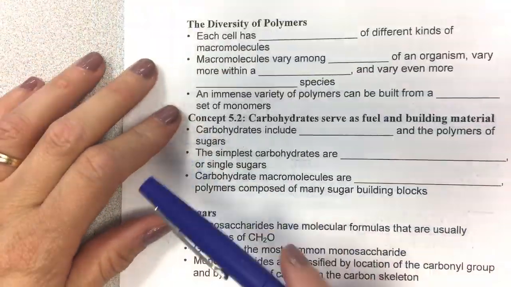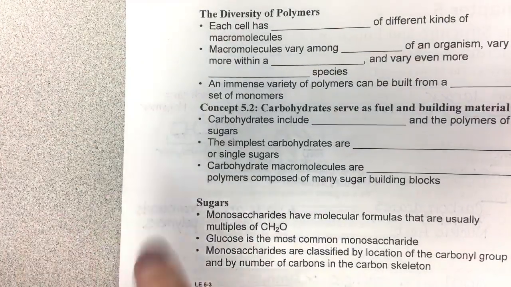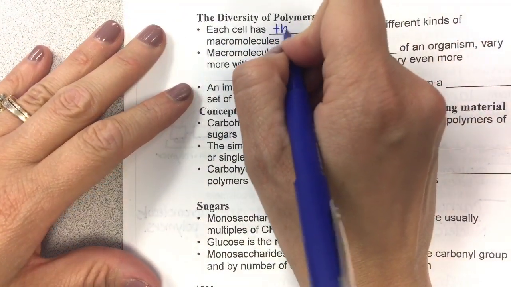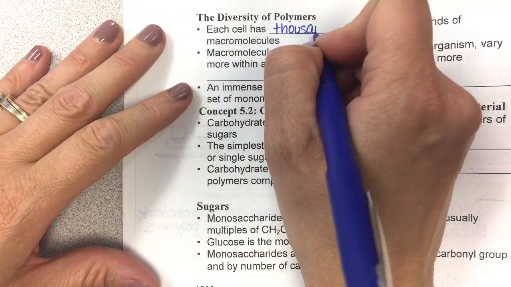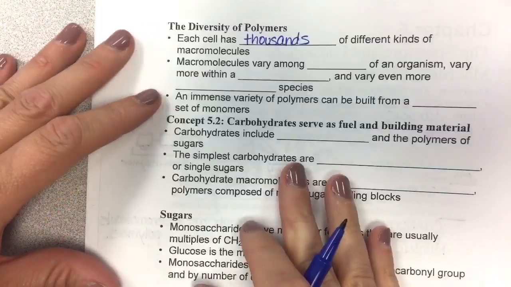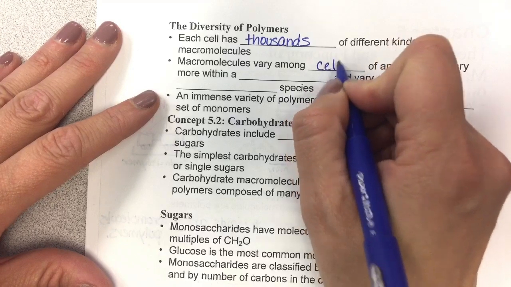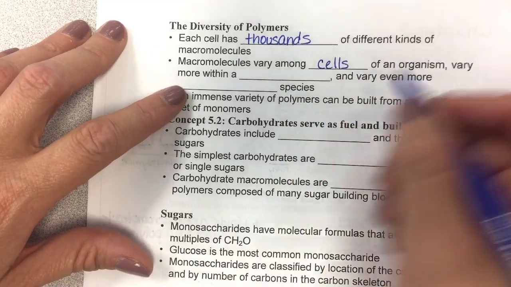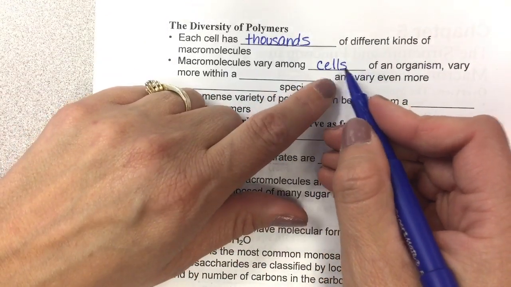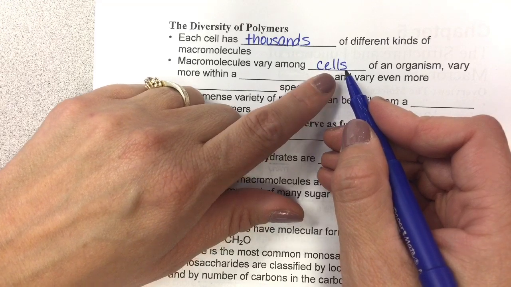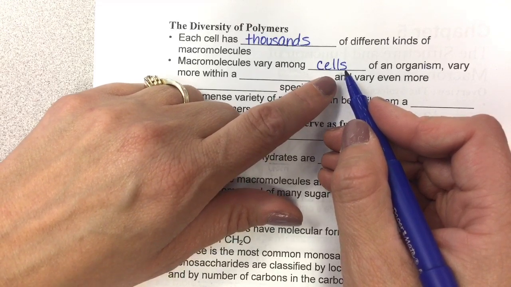So the diversity of polymers: each cell has thousands of different kinds of macromolecules. So we have a large variety. Macromolecules vary among cells of an organism, because different cells of the organism have different functions.